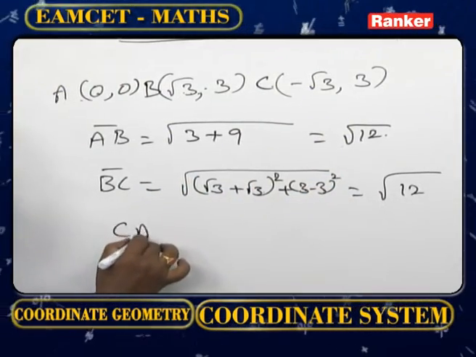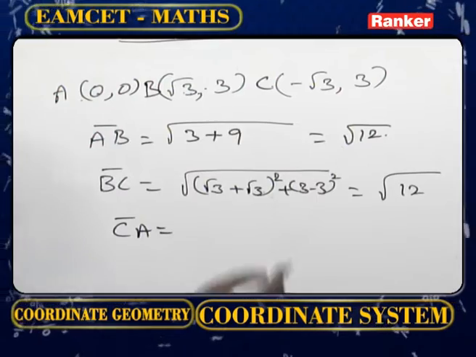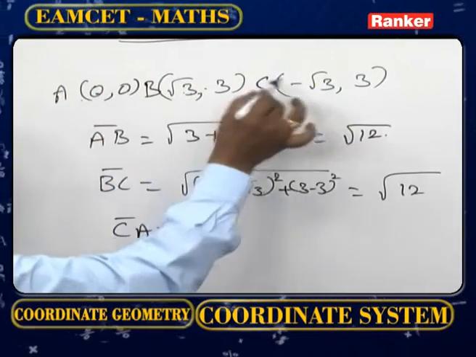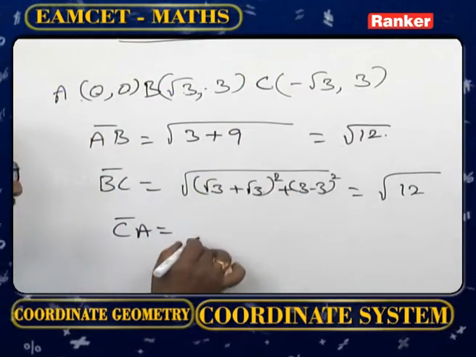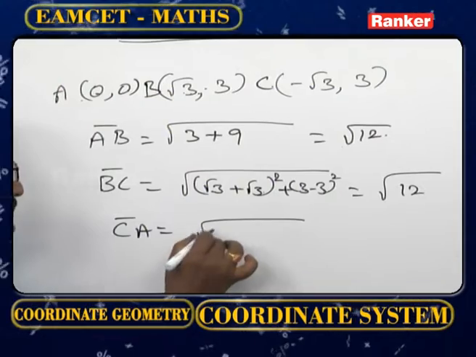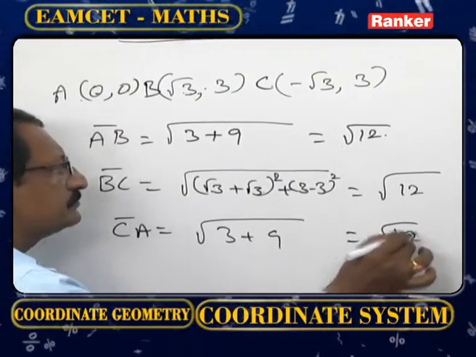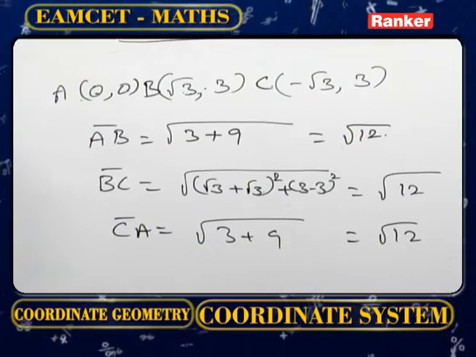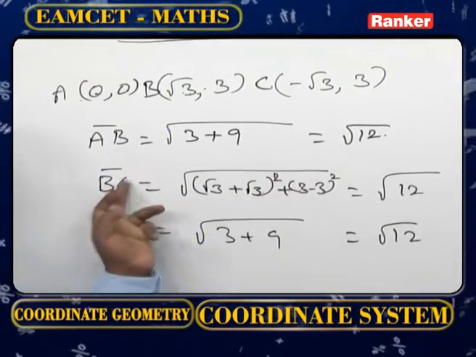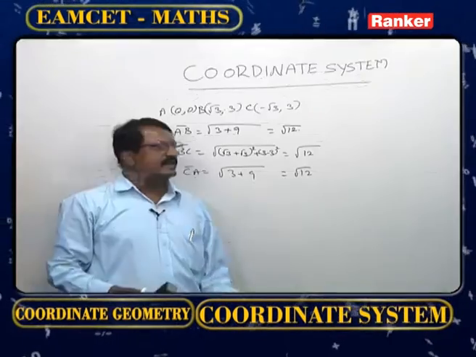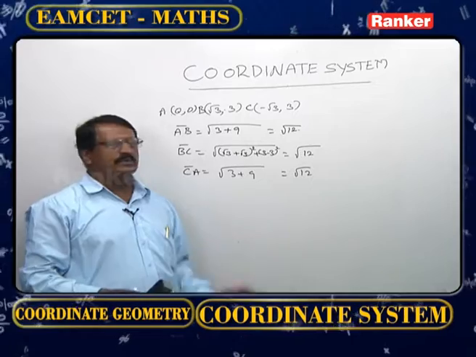Next, the length of the side CA equals the distance between (0, 0) and (minus root 3, 3), which is the square root of 3 plus 9, or root 12. So AB, BC and CA are all root 12.